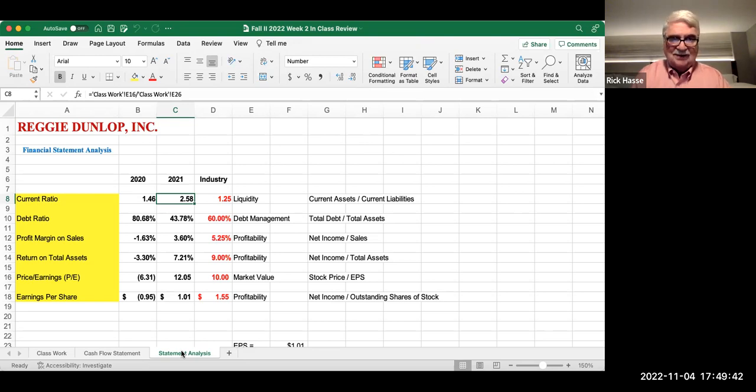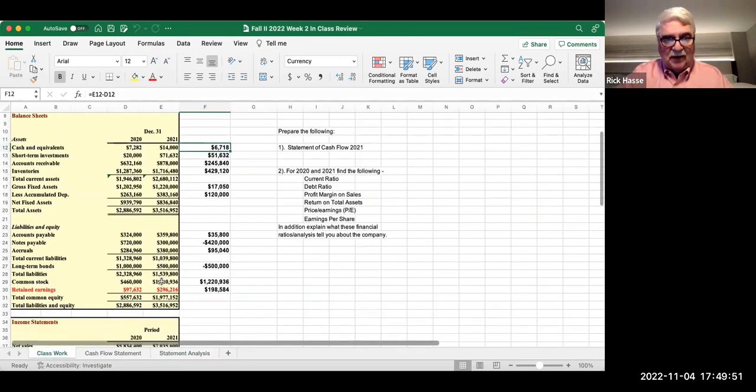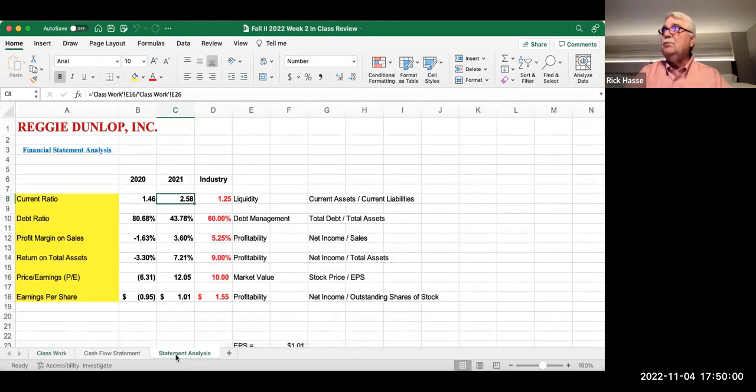The profit margin on sales is the relationship of net income to the sales of the company. So if I take the net income for 2021, $290,253,584, and divide that into the sales of the company, what percent is that? Well, it's about 3.6%. Again, down from the industry average of 5.25.